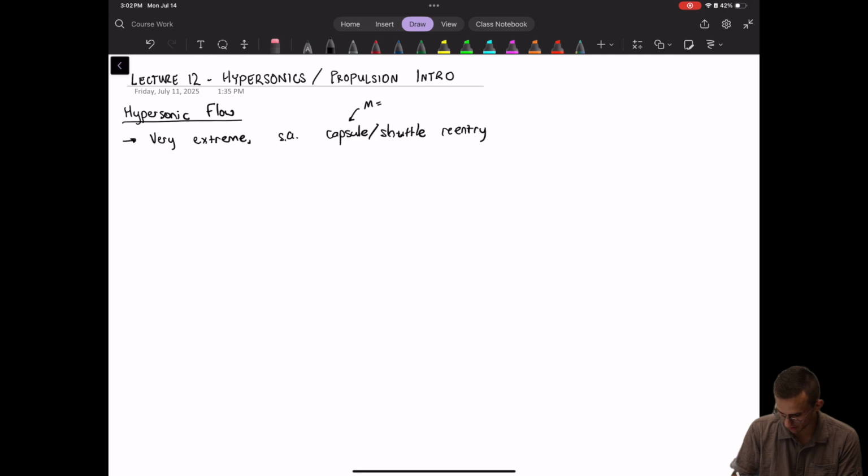Just to put a number on it, the capsule re-entered at Mach 36, and the shuttle re-entered at Mach 25. I don't actually know what Starship re-enters at these days.